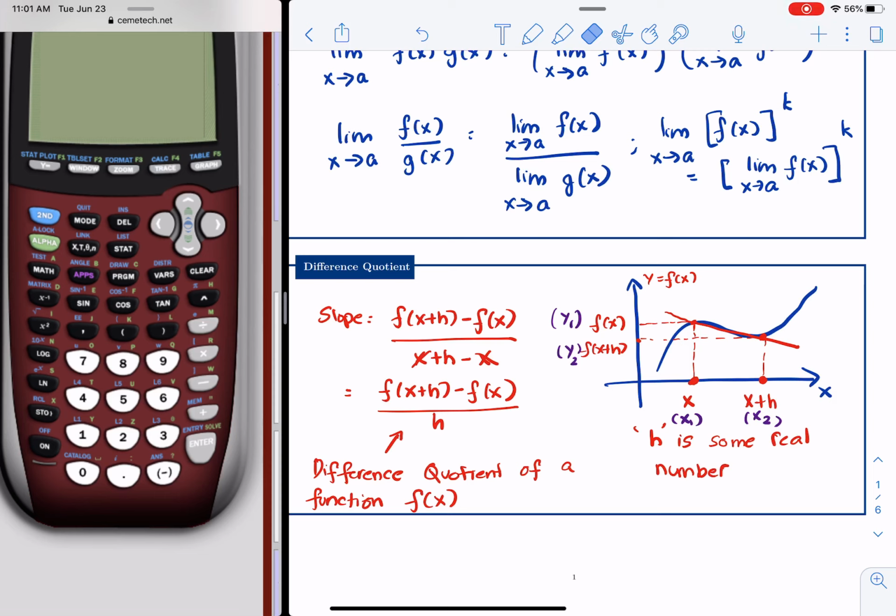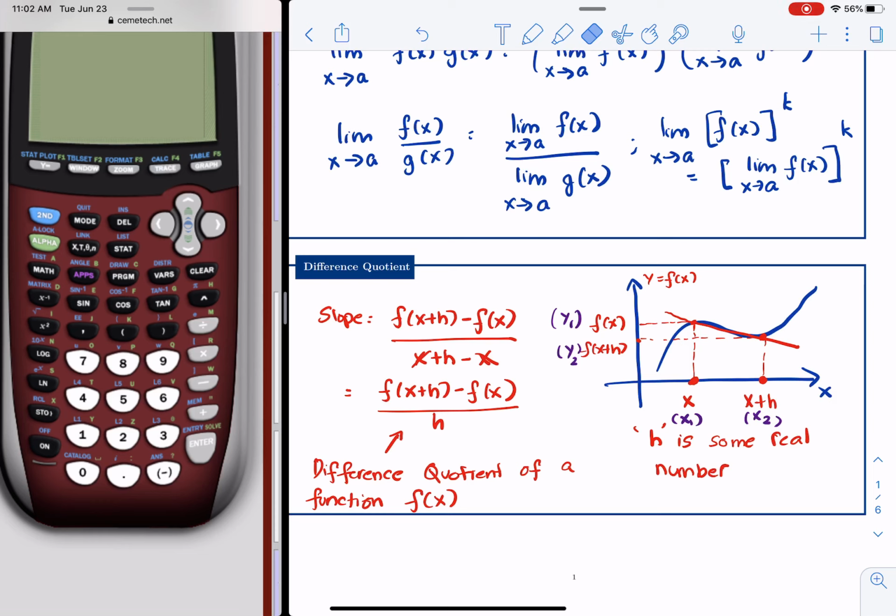It is the same concept where we narrowed the slope of the secant line to a single point. We're going to move the value of h closer and closer to 0, which would bring the point x2 closer to x1, reducing the slope of the secant line to the slope of the tangent line.